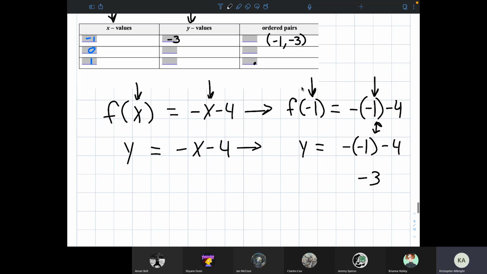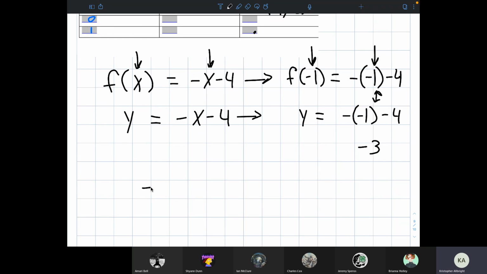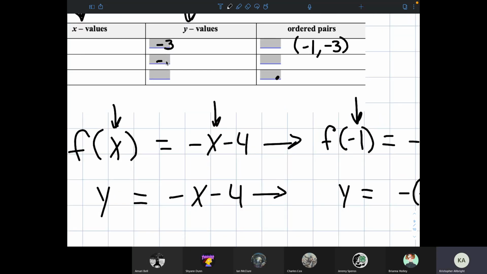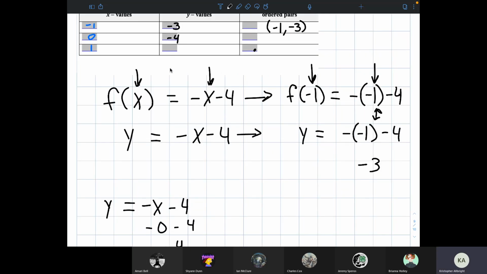So if we plug in 0, -x minus 4, so I'm going to do -0 minus 4. -0 is just 0. You can't really have a -0. So we're going to have a -4. So if I scroll back up, I'm going to put -4 right here in the 0 column.